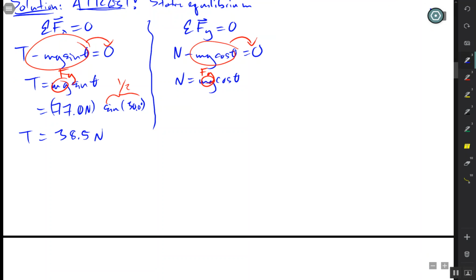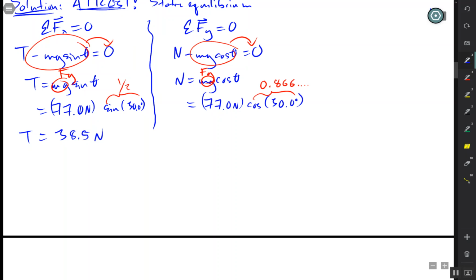Now for the normal force, we're going to expect something a little bit bigger, and sure enough, 77 times cosine of 30.0. That's going to be square root of 3 over 2, or like 0.86, something, I think.